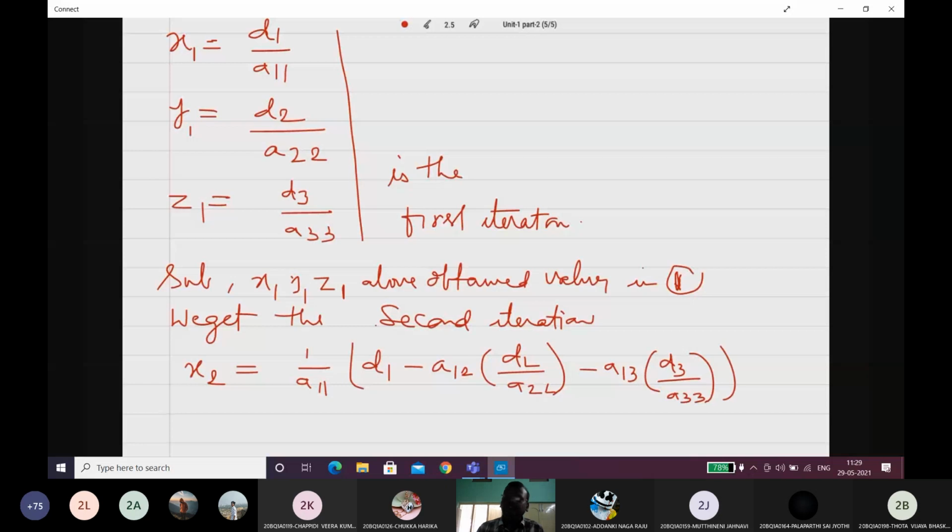So these are constant values like 2, 3, 4, 5. You can simply find out the values.